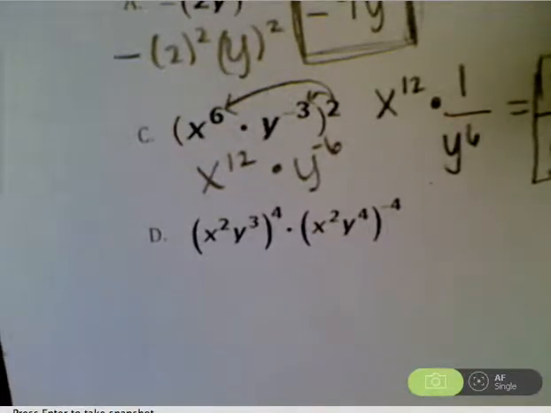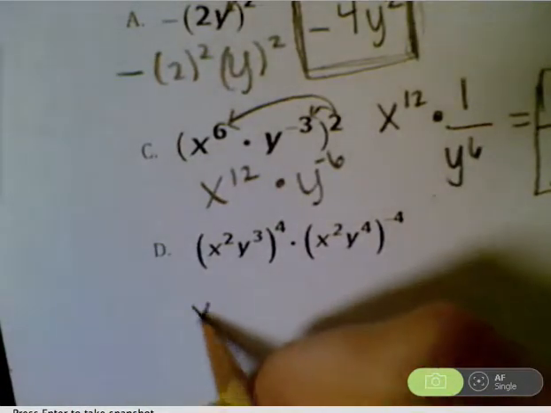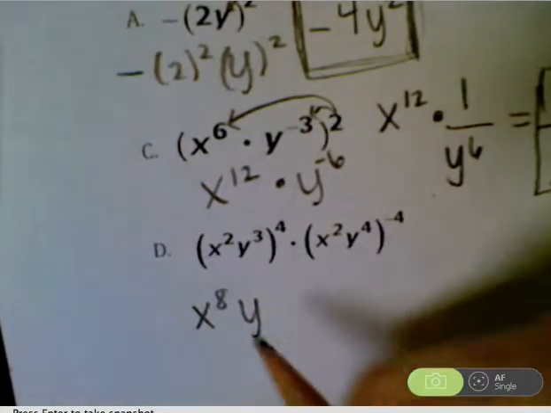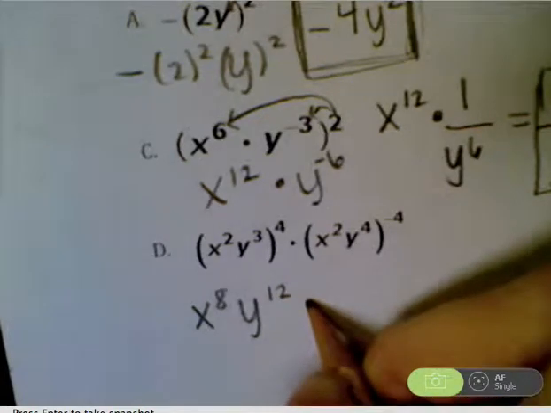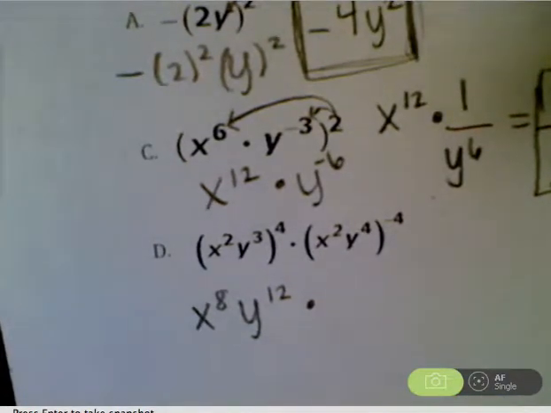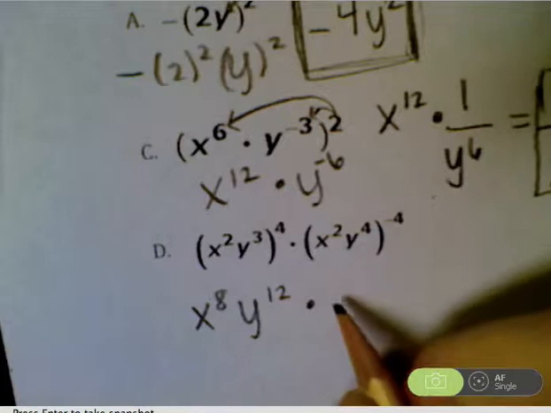So let's look at letter D. Jordan, what do you think I should do first in letter D? Distribute the 4. And what do you get when you do that? X to the power of 8 times y to the power. Very good. And Nia, what should I do next? Distribute negative 4.